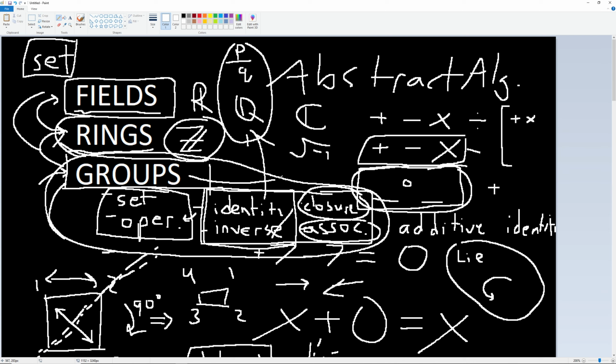Of course, we get minus for free, because the fact that it's a group means every element has an inverse. If we properly defined everything, we have closure, and every element has an inverse, so we get subtraction for free.